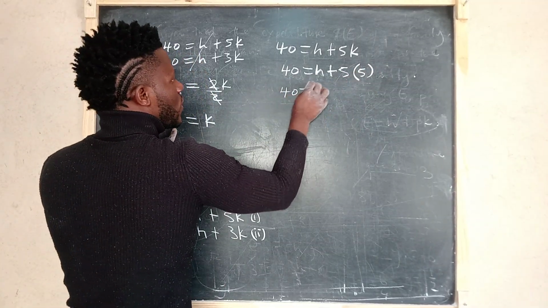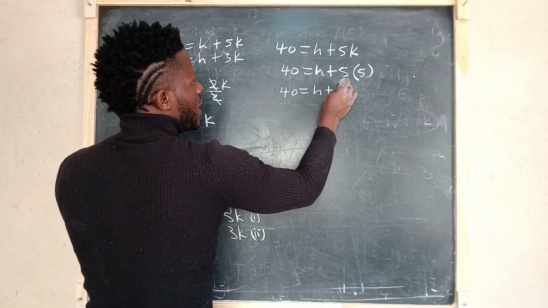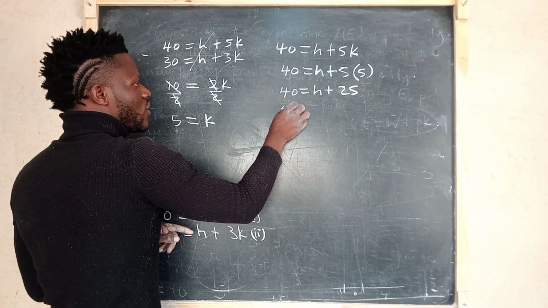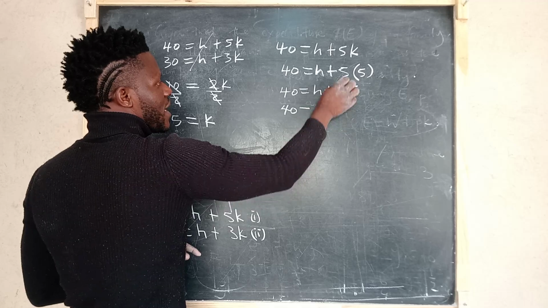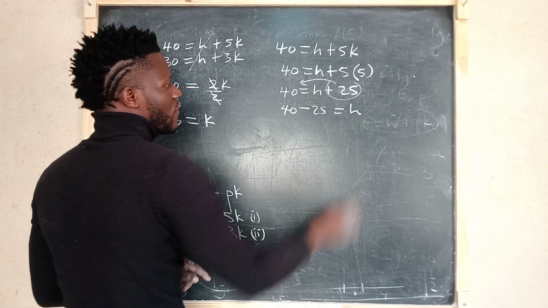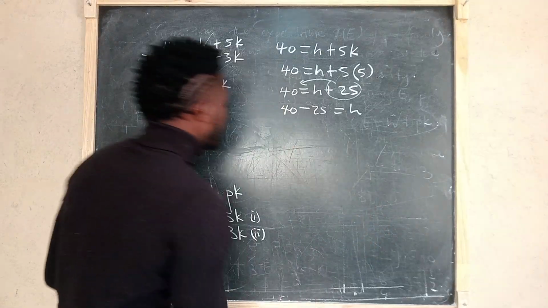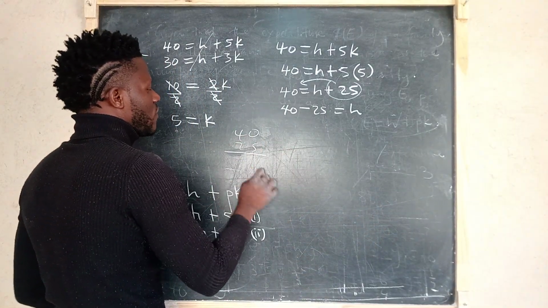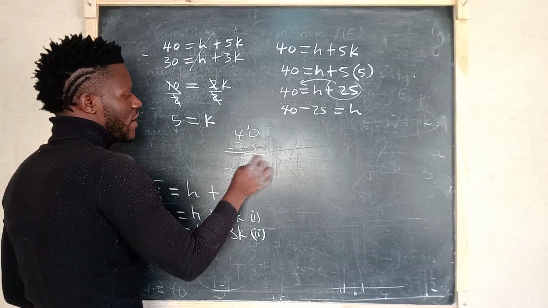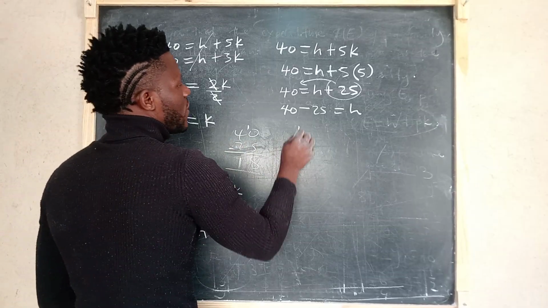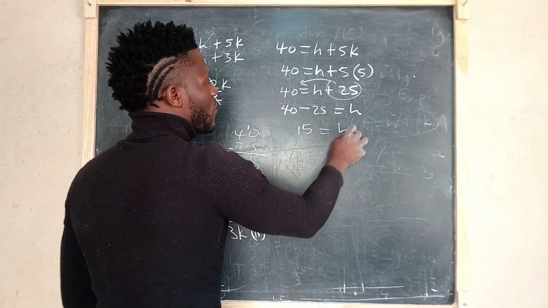So 40 is H plus 25. By grouping method, 40 minus 25 is the value of H. 40 minus 25, 10 minus 5, 5. Then 4 minus 3, we get 1. 15 is the value of H.